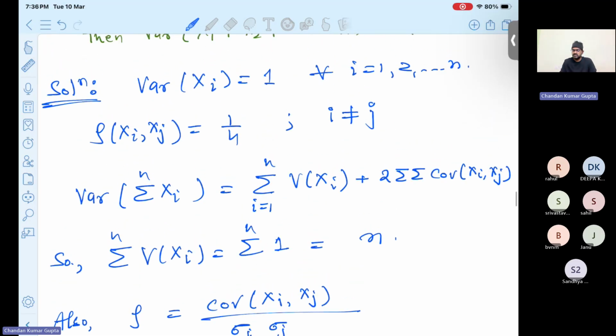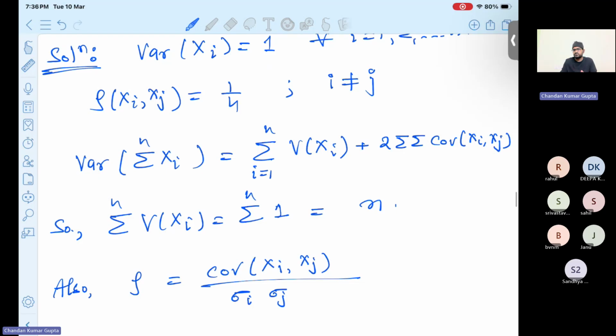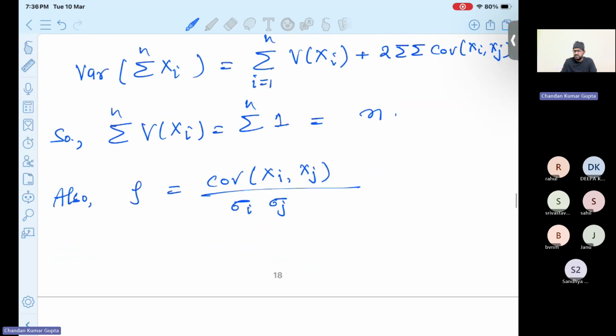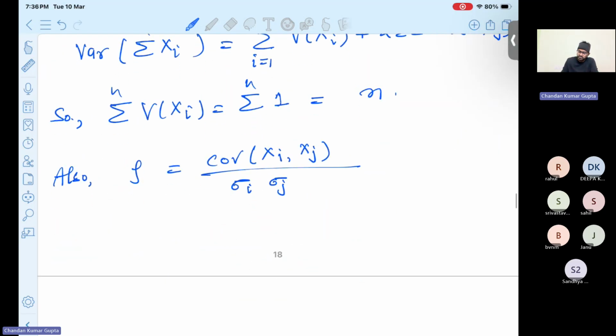Since variance is equal to 1, the standard deviation sigma i is also equal to 1. So overall, the correlation is 1 by 4, which means the covariance between xi, xj is also equal to 1 by 4, or 0.25.